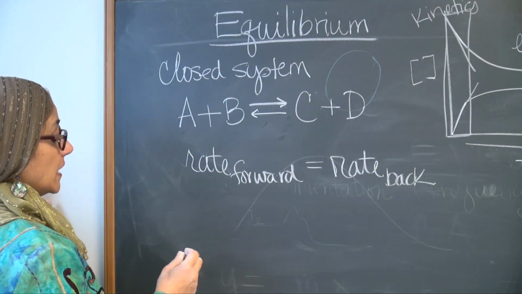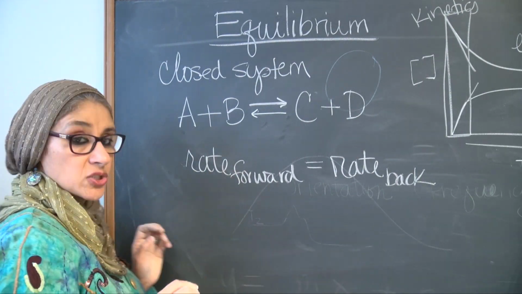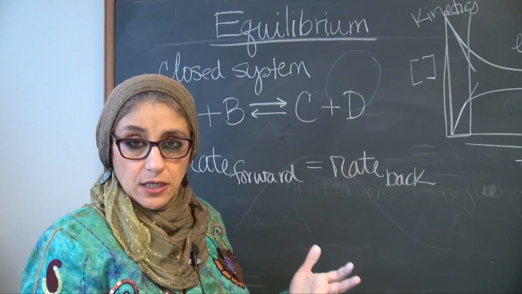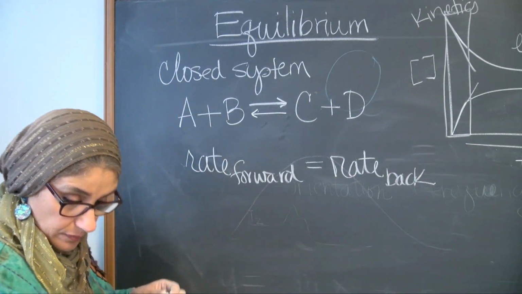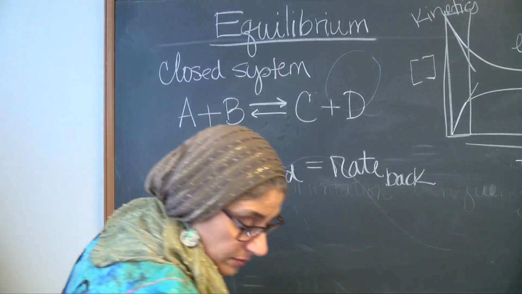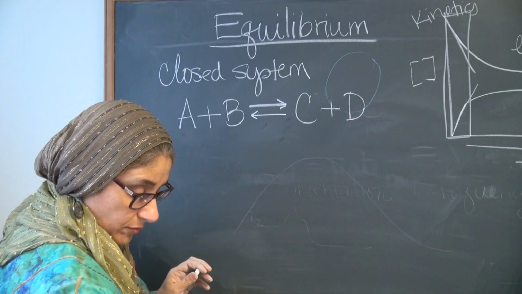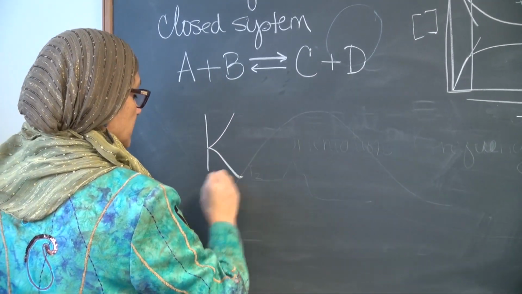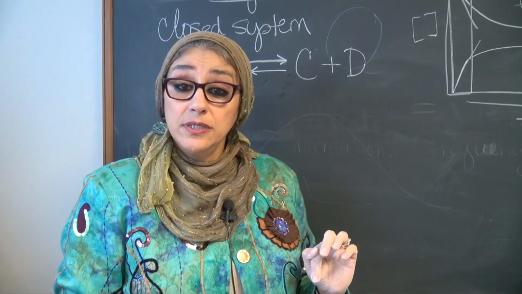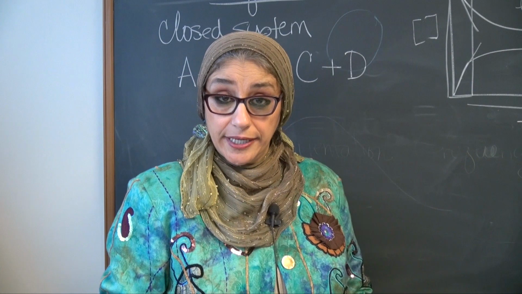So there is a law of mass action, it's called, and what we can do is write an expression for these concentrations, or actually their activities. So let me make some room here. As far as the law of mass action, you have a capital K. Now you have to be careful that you don't mix that with the rate constant, lowercase k.